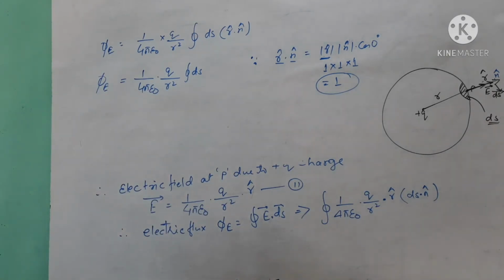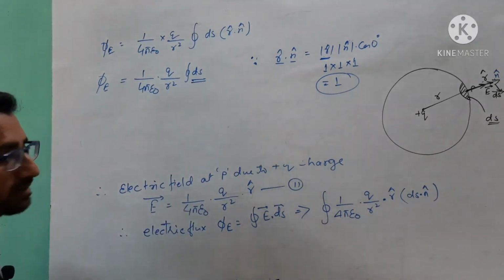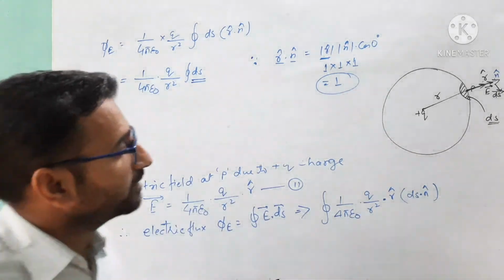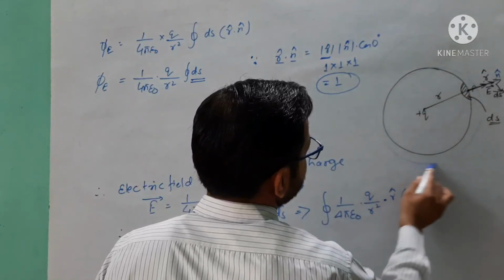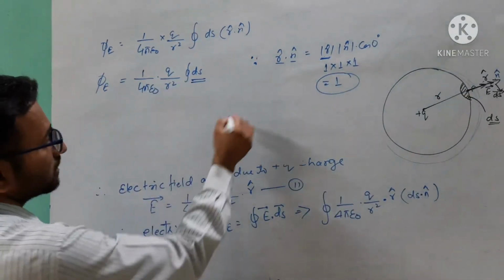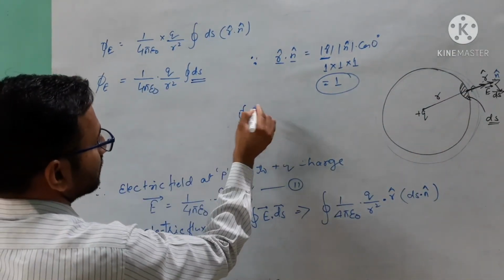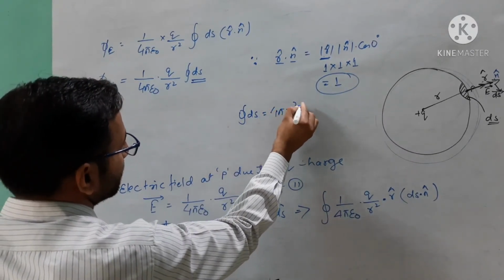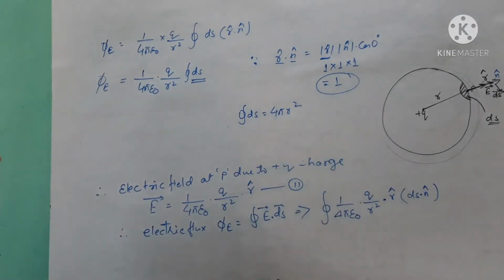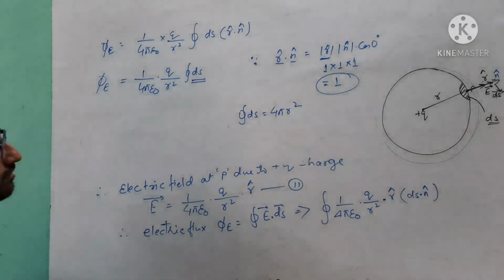Now the integral of this elementary area is equal to the surface area of this sphere. Integral means total surface area of the sphere, which is 4 pi r square. So this is the meaning of the surface integral of ds.